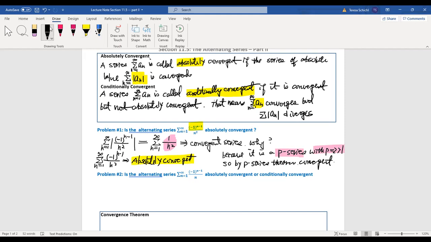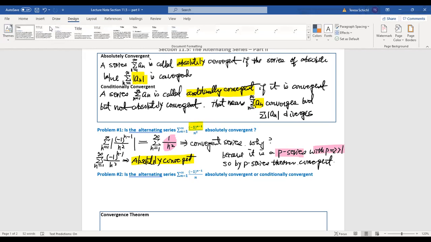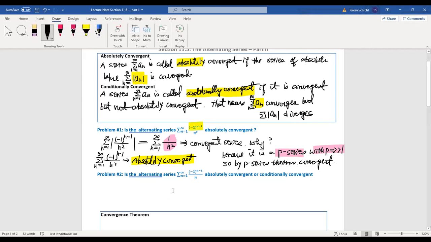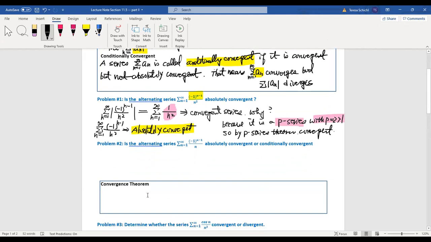All right, let's take a look at the second one. It asks whether this alternating series is absolutely convergent or conditionally convergent. This is alternating, and it's also decreasing.